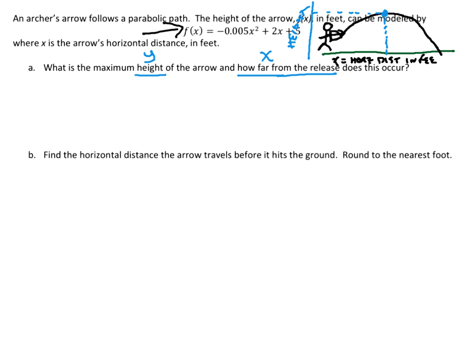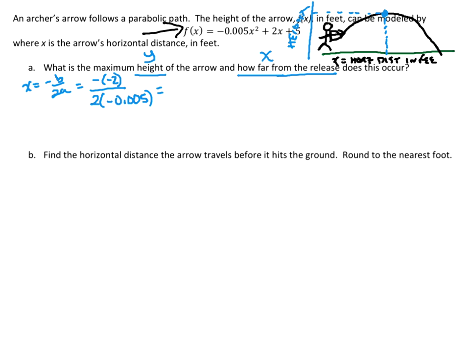I just do negative b over 2a and f of negative b over 2a. So the x equals negative b over 2a, and in this case, that is negative 2 over 2 times negative 0.005, and I'm going to put that into my handy-dandy calculator.